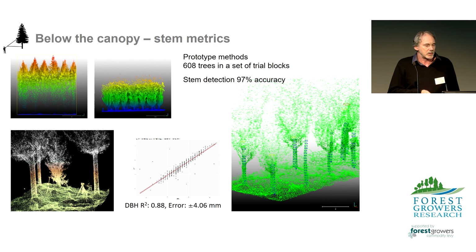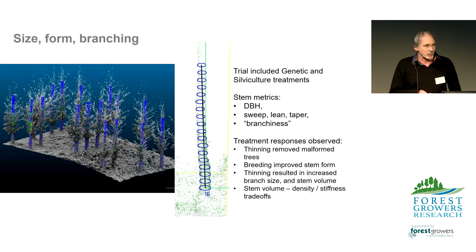And then by a method of fitting circles to the stem and tracking the stem, we're able to estimate DBH with an R² of almost 0.9. As you saw in John's talk, we're also trying to push that a bit further and generate metrics describing characteristics such as sweep, lean, taper, and my branchiness measure.